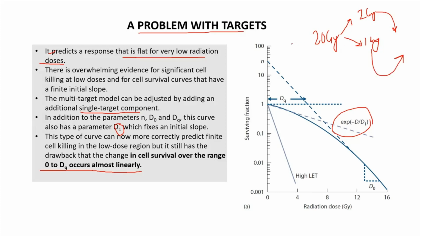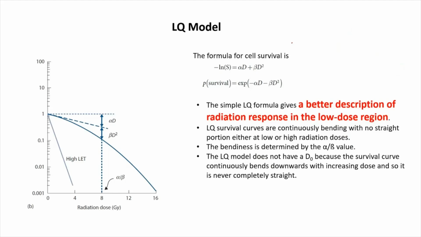So this model has this issue, and that's why we introduce one more model which has a better vision than the previous one, which we call the LQ model, or the Linear Quadratic Model. In this model we have two different parameters, one linear and the other quadratic.